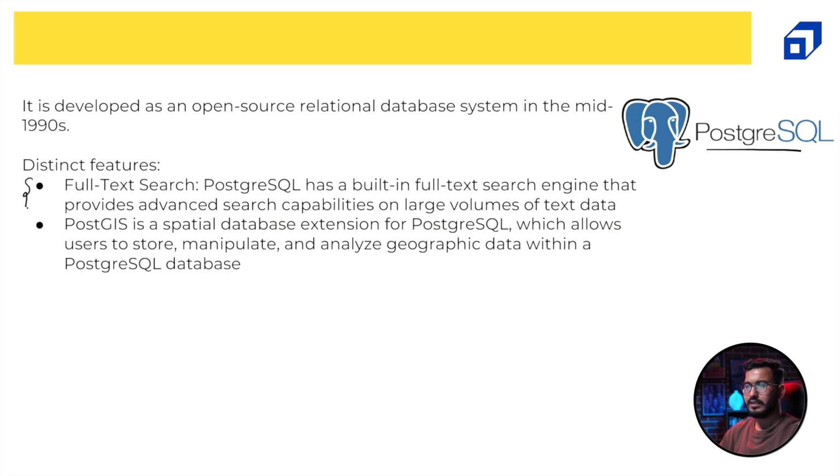Number one, they gave users the flexibility to perform full text search, and they came up with a lot of functions which can help you perform it. They also launched a particular extension which they called PostGIS. This extension helps users interact with and analyze geographical data.